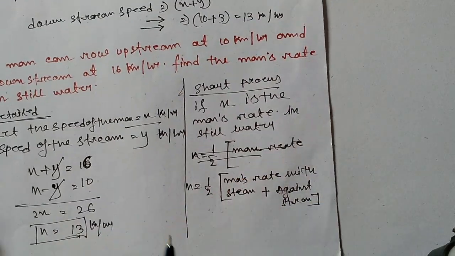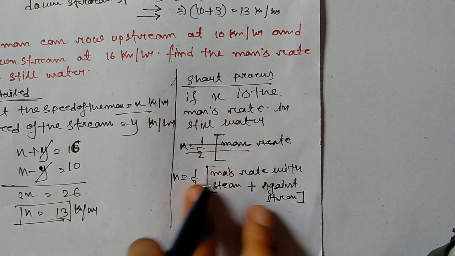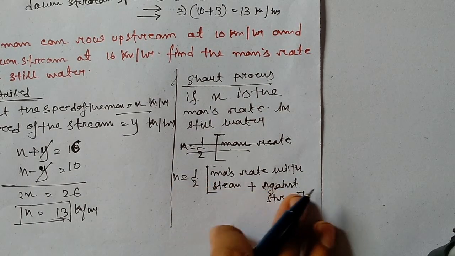So the formula is x is equal to half of the man's rate with stream plus against stream.